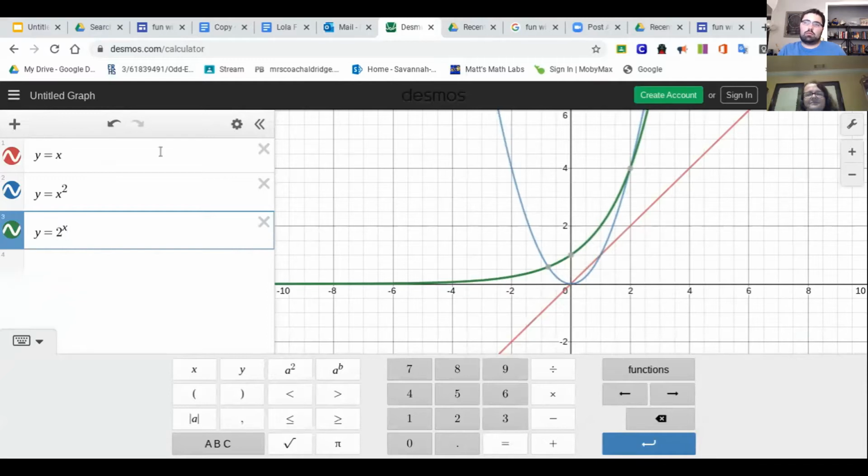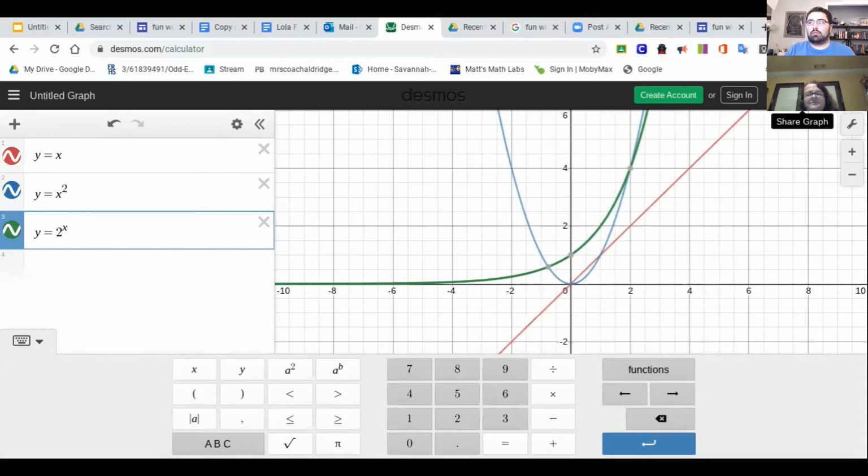Now on previous videos, I just did a snipping tool and I snipped it in, control pasted it over to a slide or to a document. Well, here I found this other new little tool in Desmos, which some of you might already know: if you go up to the top right, it says Share Graph. It's up next to the sign in.